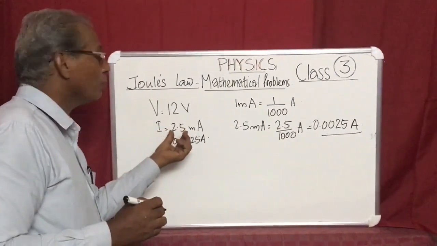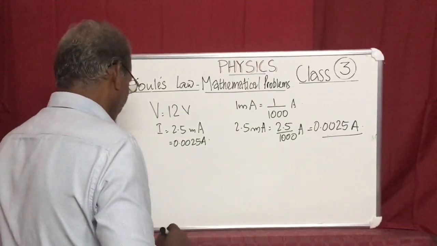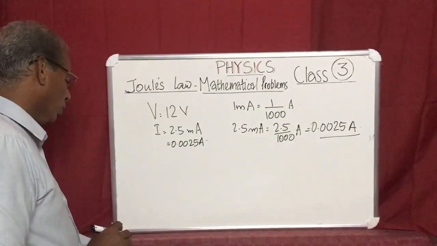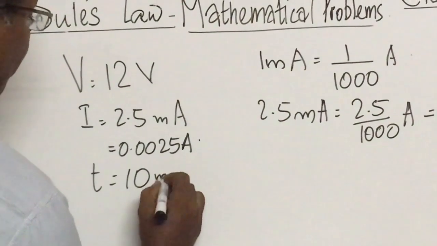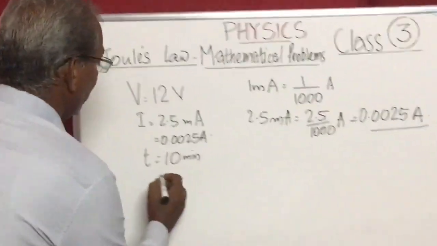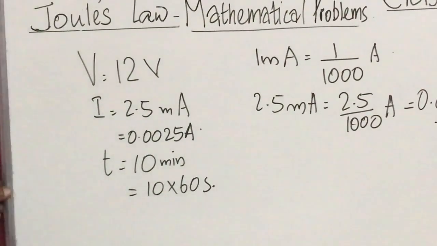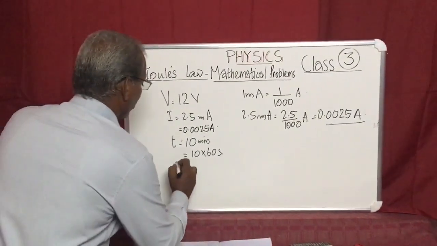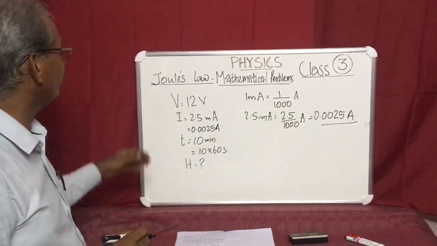Otherwise, if you substitute 2.5, there is a chance of committing a mistake. Then the heat energy when current flows through the circuit, time 10 minutes. Again we have to convert 10 minutes, as we told just now, to 10 into 60 seconds. Now H, question mark, that is heat, we have to calculate.